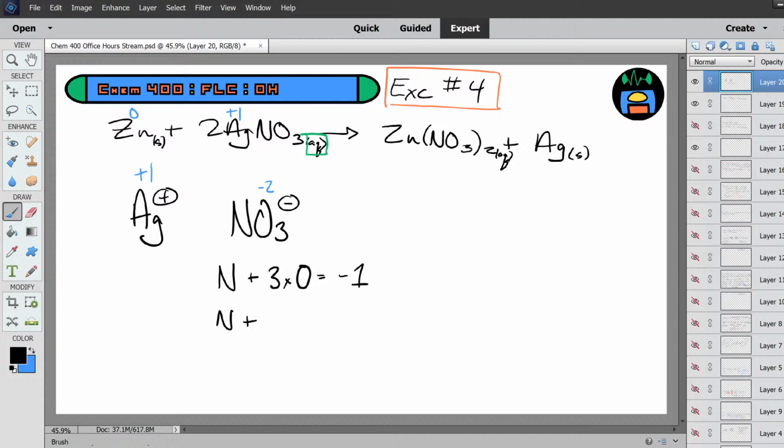So nitrogen plus 3 times the oxidation state of oxygen is equal to -1. So we've got nitrogen minus 6 equals -1, which means nitrogen will have an oxidation state of +5.